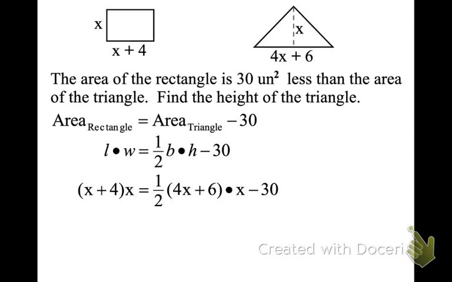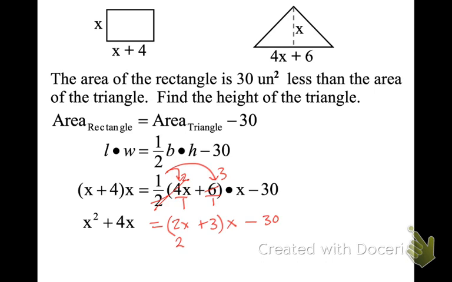Remember, I'm able to do some cross-canceling, so I'm left with a 2x, and then when I distribute here, I'm left with a 3. And then we're multiplying that whole thing times x minus 30, which would simplify to 2x squared plus 3x minus 30. Okay, going back to my PowerPoint.